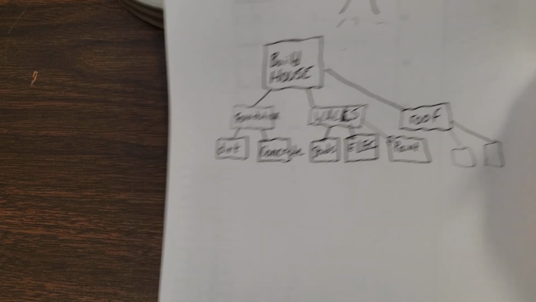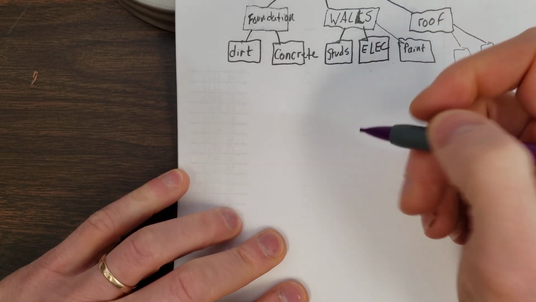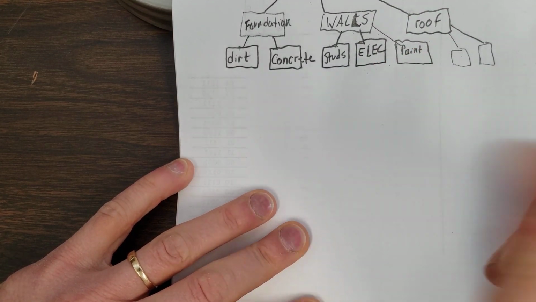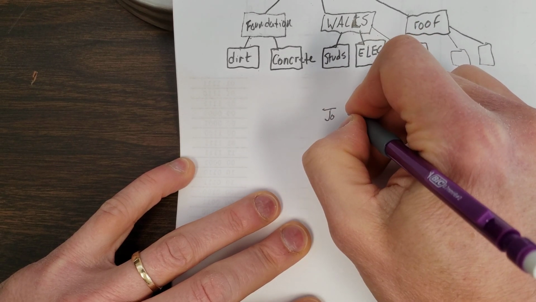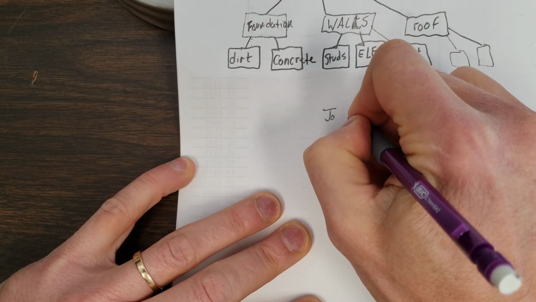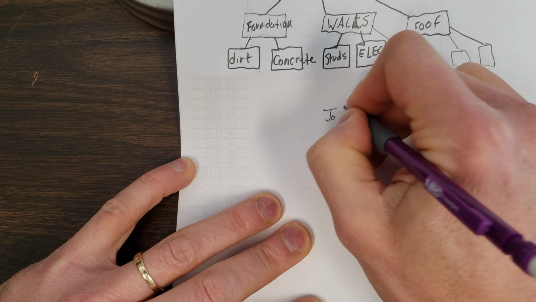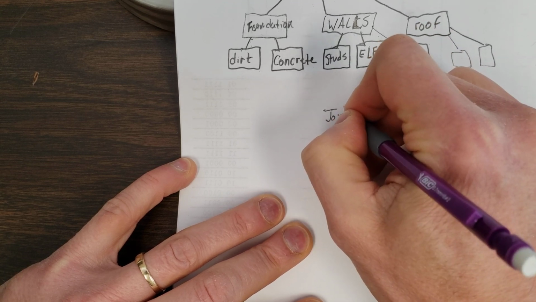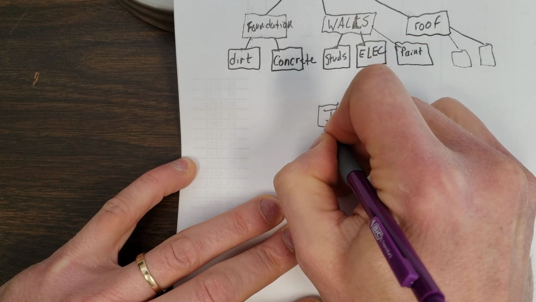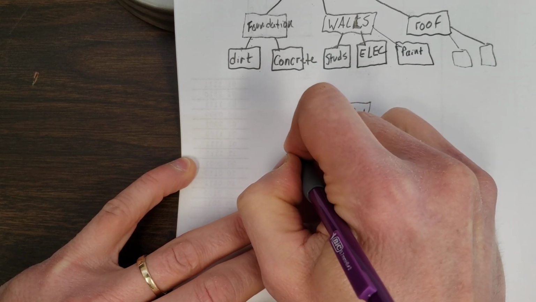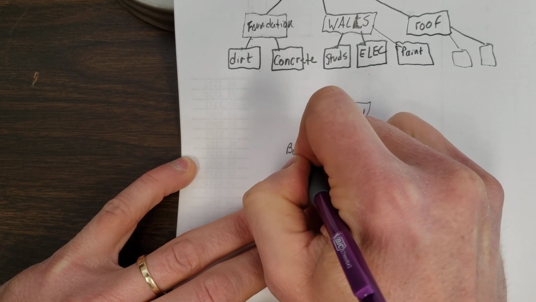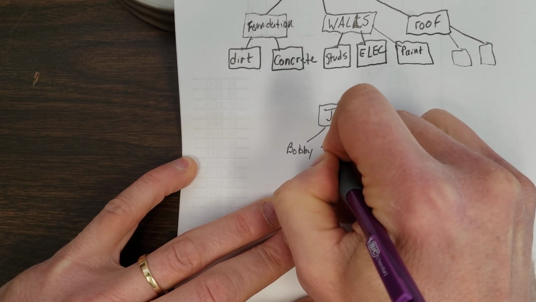Another tree that you've probably seen before is a family tree. So if you have Josephine Will and then Robert Lincoln Will, they usually do this with a dashed line. And then they have several children. There's Bobby, and then there's Jim.